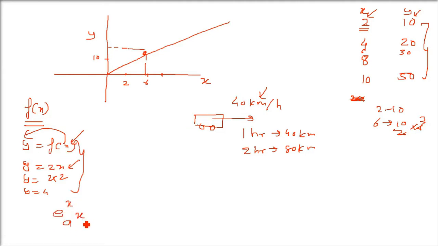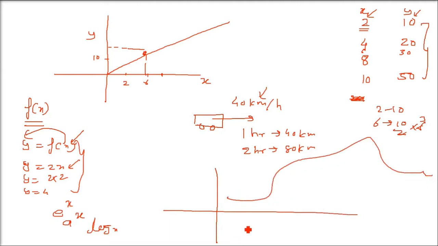But if the function is e^x, a^x, log x, or a combination of logarithmic and these kinds of functions, so the function result may be like this, then what will you do? If I say that at this x, in 1 hour, 40 kilometers, as we discussed, can you tell me that in 2 hours you will travel 80 kilometers?